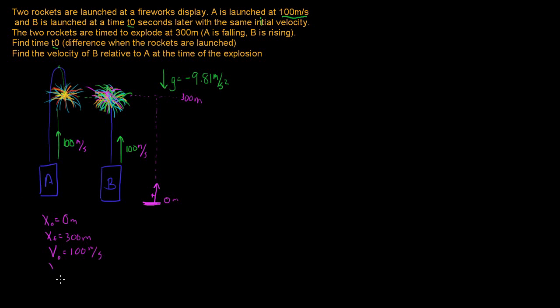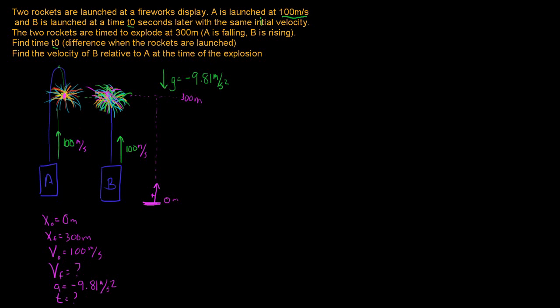And we have a final velocity of unknown. We have an acceleration, which is due to gravity, of minus 9.81 meters per second squared. And we have a time of unknown. We don't know how long it takes this firework to come up and go to 300 meters.